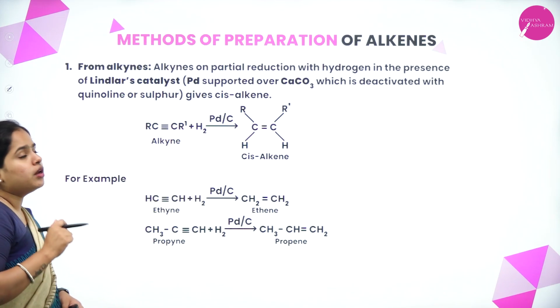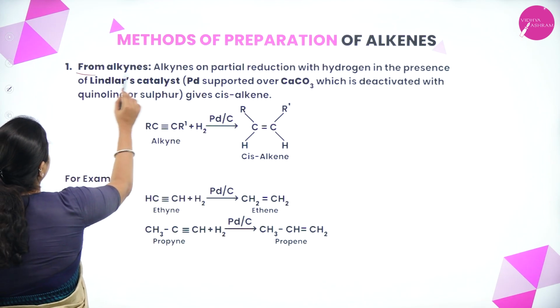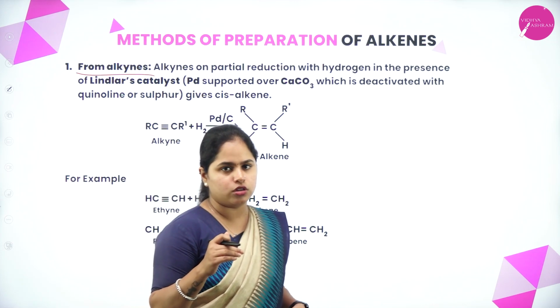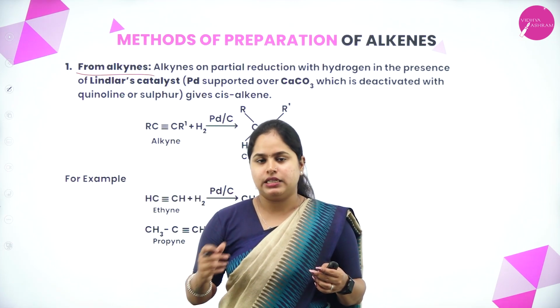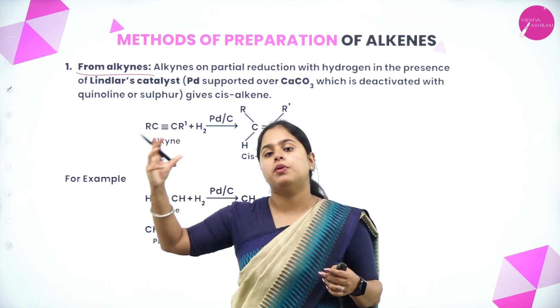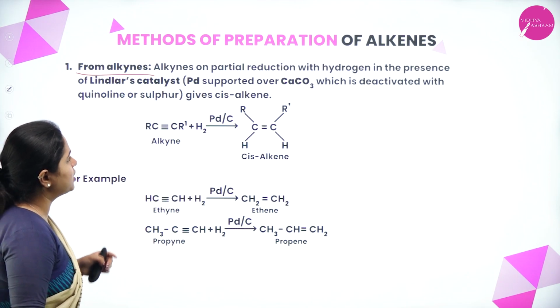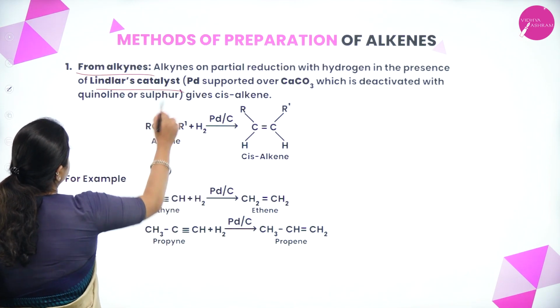Now moving on to the methods of preparation of alkenes. The first method is from alkynes. When we were discussing the preparation of alkanes, I told you that from alkynes we can prepare alkenes, and from alkenes we can prepare alkanes, right? So let's see. Alkynes on partial reduction with hydrogen in the presence of Lindlar's catalyst.